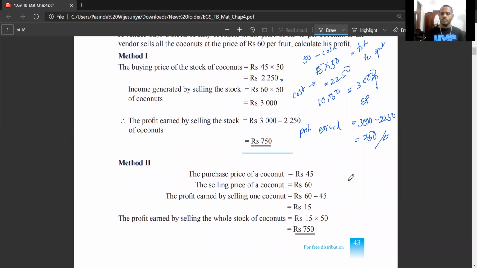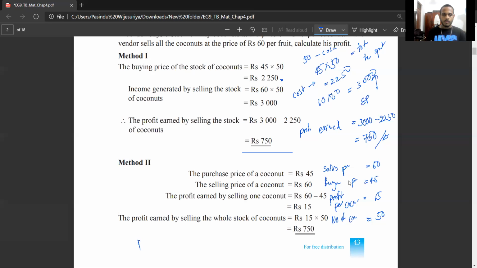Imagine, first the selling price is 60, the buying price is 45, then the profit per coconut is 15. Then how many coconuts are there? The number of coconuts is 50.